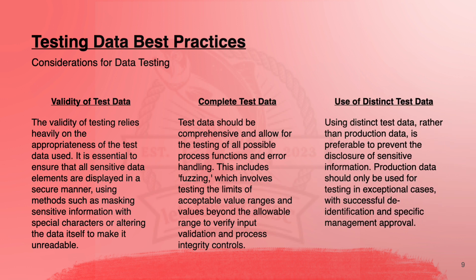Next, use of distinct data. Friends, it is preferable to use test data specifically created for testing purposes rather than using actual production data. This helps to prevent the unintentional disclosure of sensitive information. Production data should only be used in exceptional cases and with proper de-identification and approval.